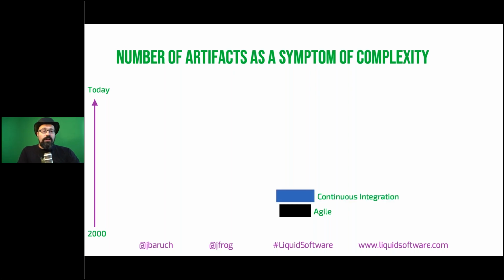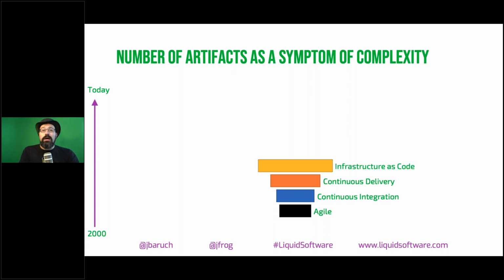So when continuous integration was invented, we understood that we actually need to build more frequently, and then with continuous delivery, every artifact is a candidate to be released to production, so we need to keep those artifacts around.